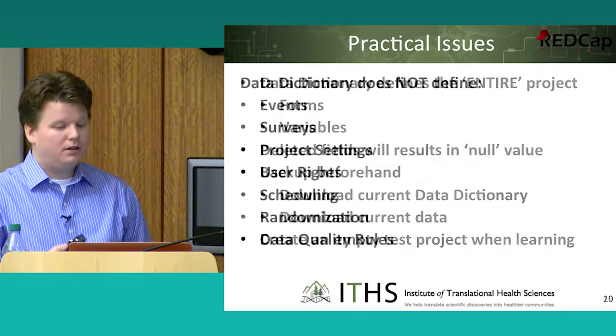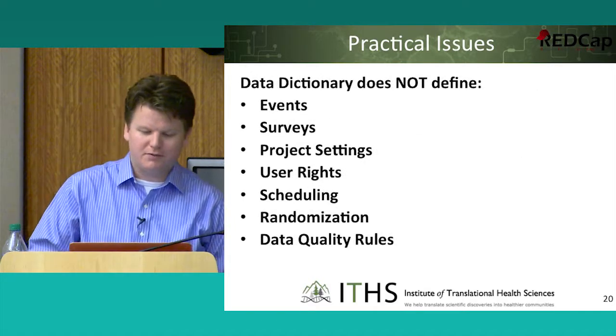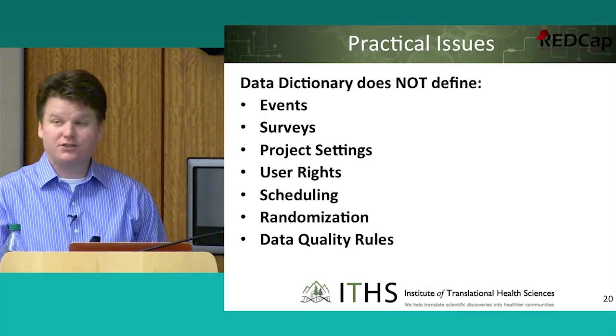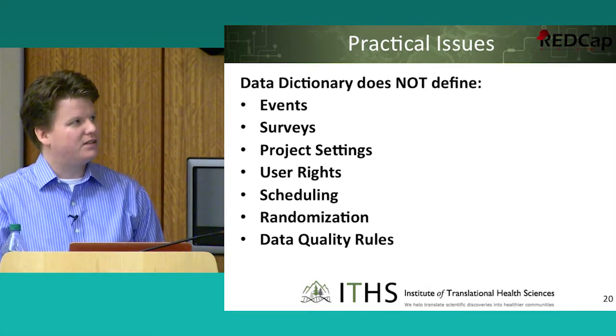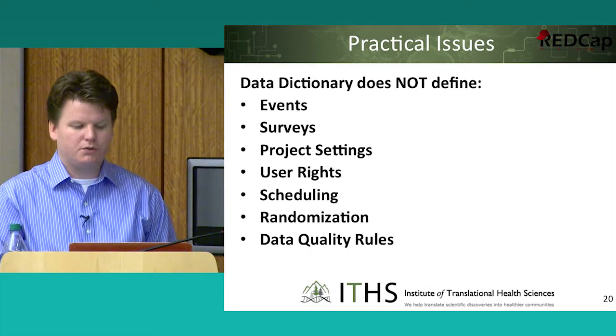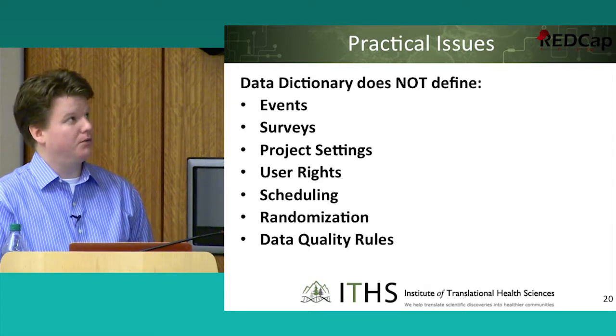Okay, some other definitions here. The data dictionary does not define events, surveys, project settings, user rights, scheduling, randomization, and data quality rules.